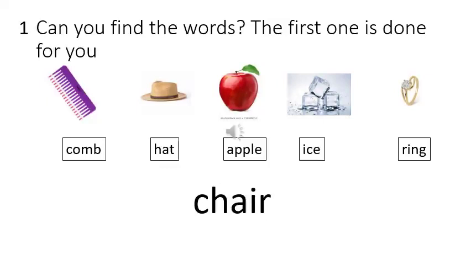And the fifth picture is ring. Now from each picture, you have to remove the first letter. Okay? And by using the first letter of each picture, you can create a new word. One new word will come out. Okay? You will derive a new word.